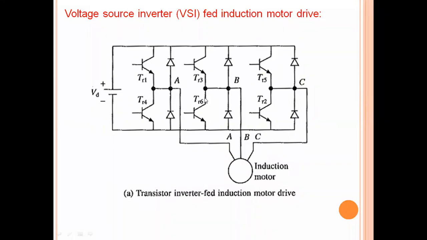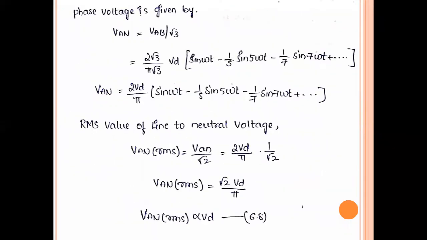Now we obtain the equation 6.8, which is the relation between the input DC voltage and the output RMS value. So this is the output RMS value that we are giving to the stator terminal of the induction motor, right? And we have obtained the relation between output RMS voltage and the input value.